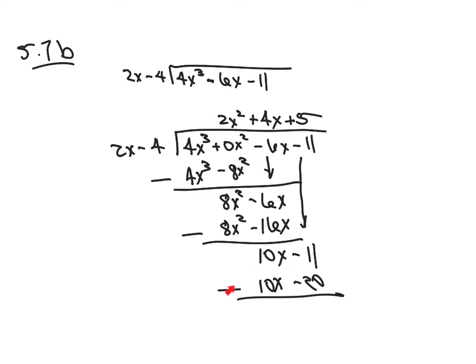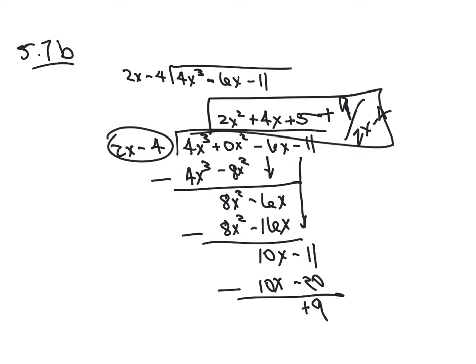Negative 11 minus negative 20 is the same as negative 11 plus 20, which is a positive 9. And we stop there because we're done with our numbers. We came to the end. So now I take that 9 and I put it up here over 2x minus 4. So that ends up being our answer.